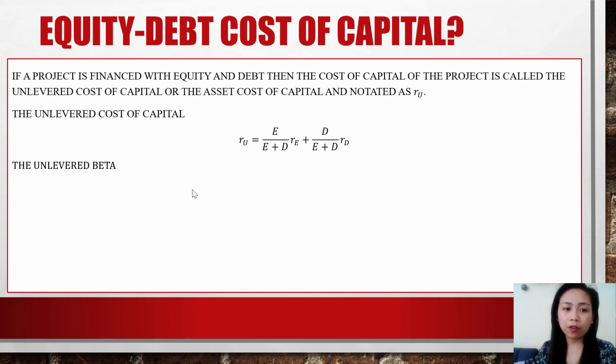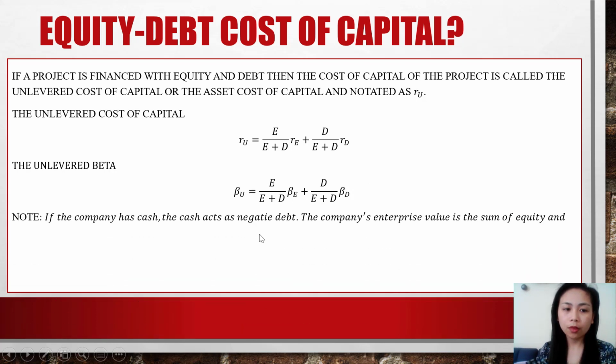And the unlevered beta of this project, beta U, is the weighted average of beta of equity and beta of debt. If the company has cash, then cash is negative debt.